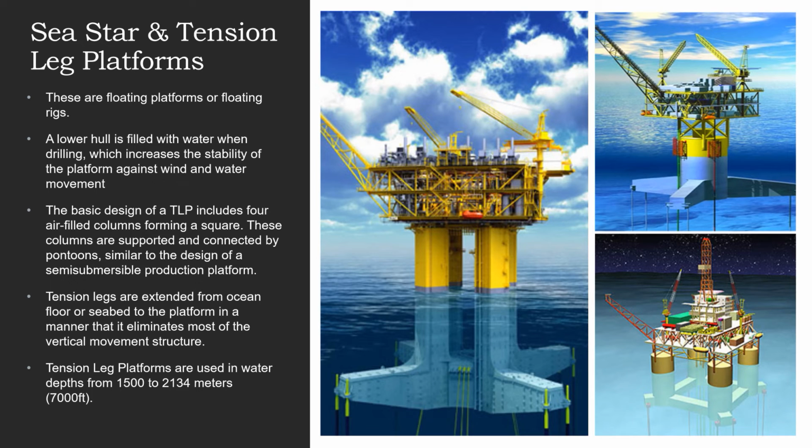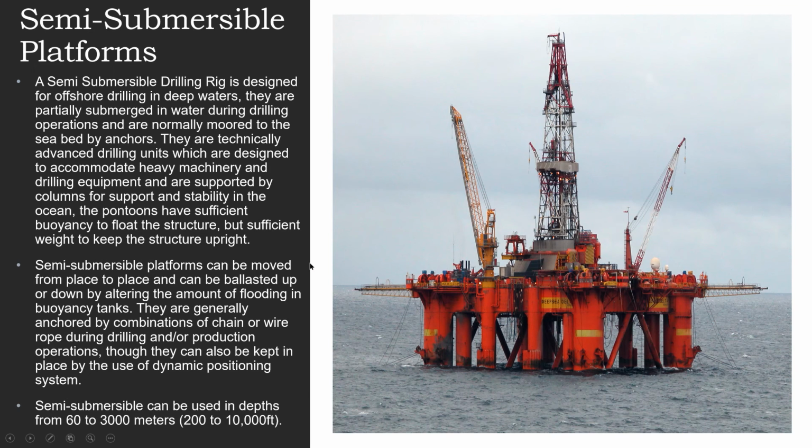Each platform has its own particular advantages and disadvantages depending on the applications and the locations. Semi-submersible platform, as we already discussed, is sometimes used particularly for drilling purposes, and it is very easy to move from one place to another. Semi-submersibles can be used in water depths of 60 to 3000 meters, like 200 to 10,000 feet.